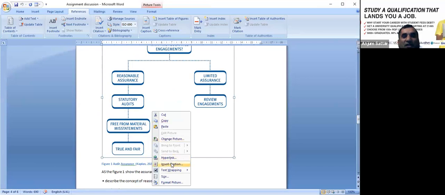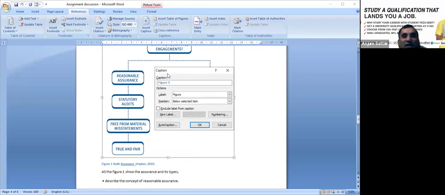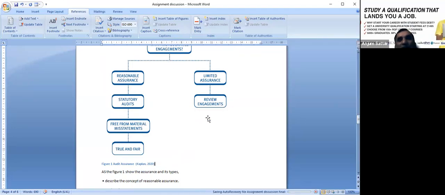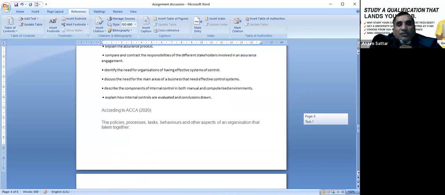The caption gives you the figure numbers, like figure 1. What is figure 1 about? We gave the number figure 1 for audit assurance. And when you write, you can say, as figure 1 demonstrates, the assurance engagement. So you can contextualize your discussion, and any facts, figures or graphs you include. Please make sure you do.